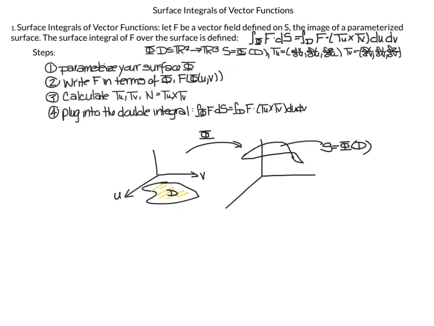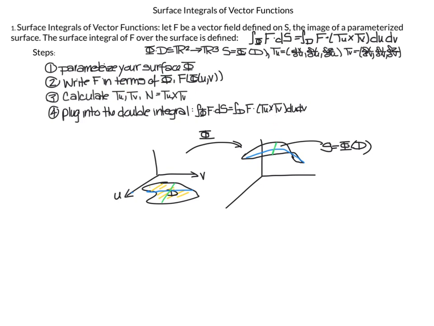Next, you're going to use your mapping to calculate a tangent vector. You're going to hold u constant and see how that maps over here, and you'll get a vector that's on your surface. Then you'll also hold v constant, and you'll get another vector on your surface, and the cross product of these two vectors will give you a normal.